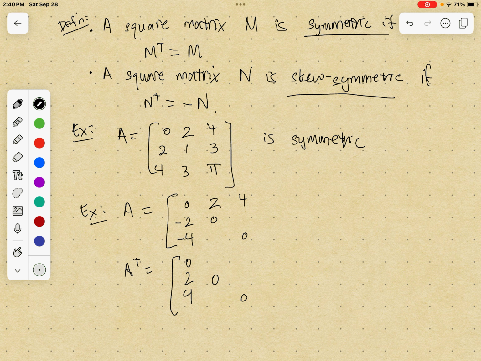Okay, now I have some choice for the other entry. So let's say I make this a negative 1. Well, what does the entry here have to be? It has to be 1, because when you write down the transpose, you're going to have negative 2 here and negative 4 here, and this negative 1, when you transpose, is going to go down here, and A transpose has to be negative A, and so that forces this entry here to be 1.